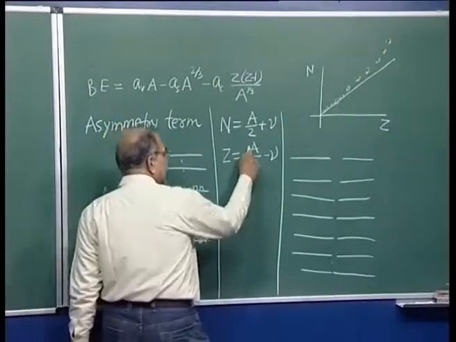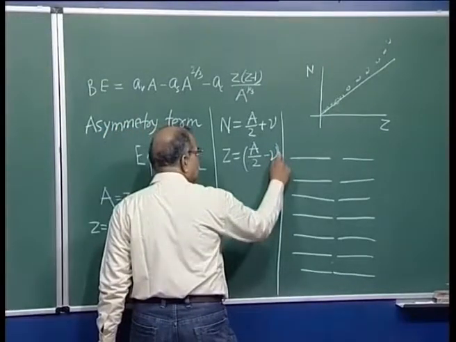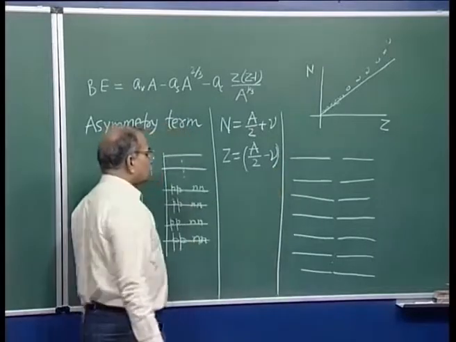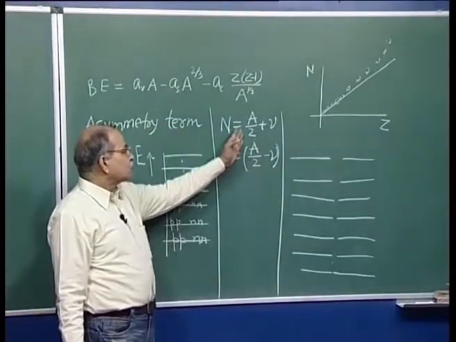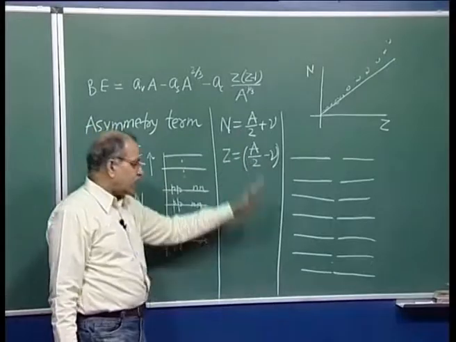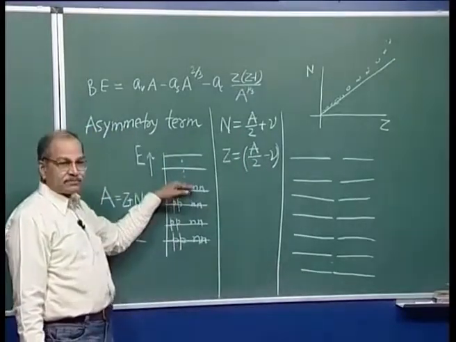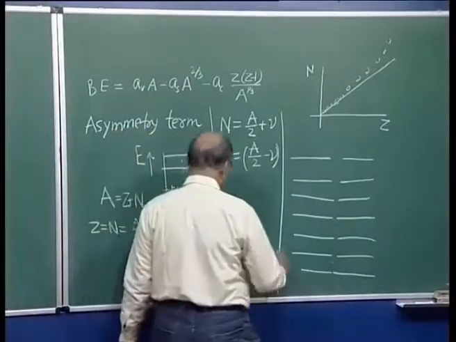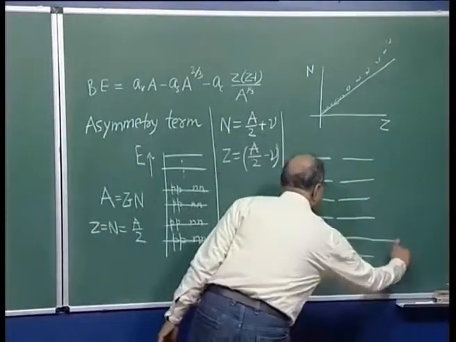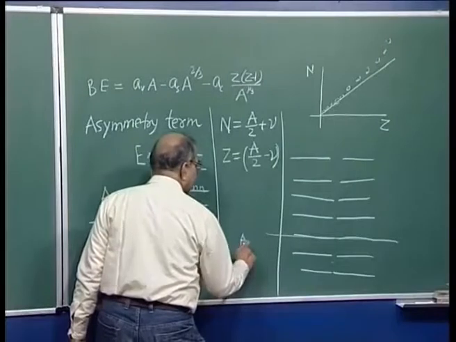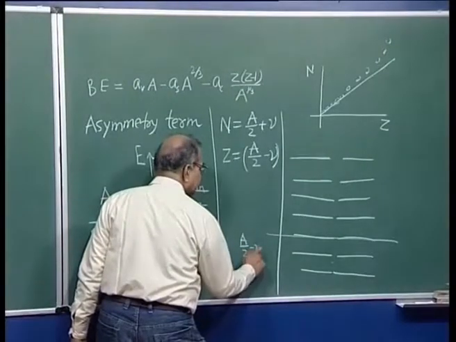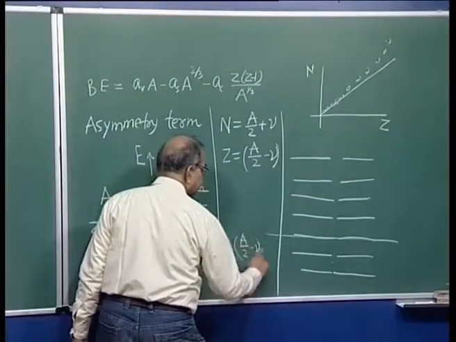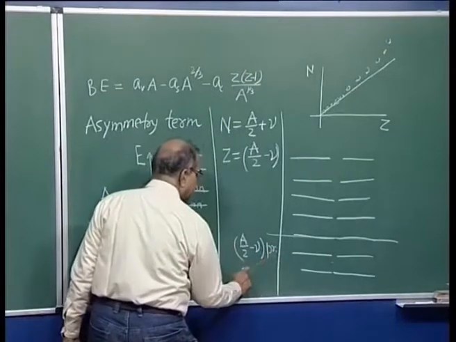So, these A by 2 minus nu protons and A by 2 minus nu neutrons you can fill up just like this, right, an equal number of protons and neutrons. Suppose up to here you have already filled up A by 2 minus nu protons and the same number of neutrons.